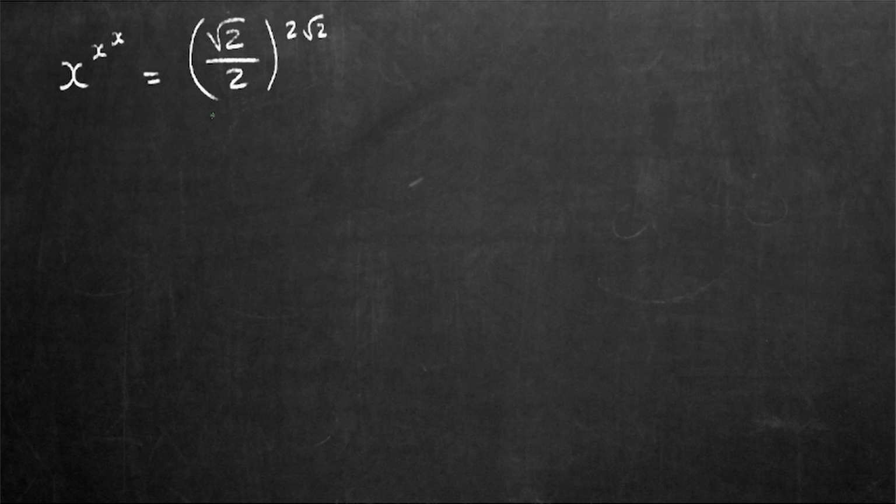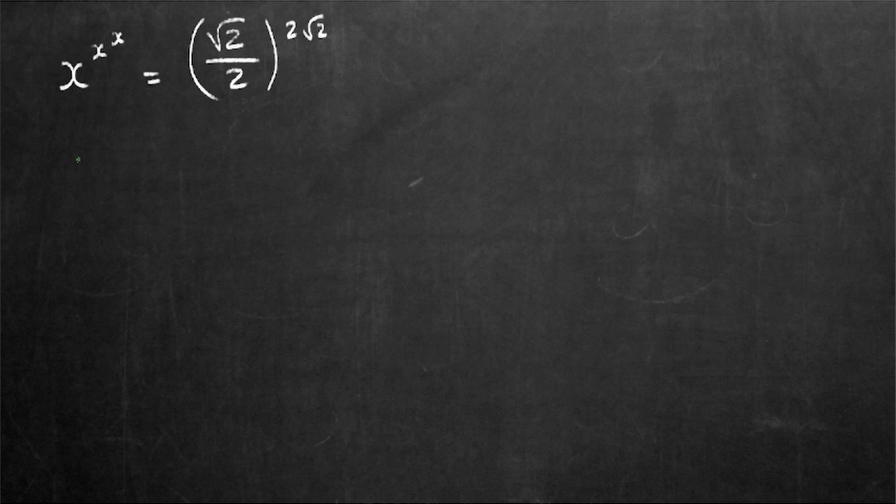So we want to turn the right-hand side into a number to the power of another number to the power of another number. Okay, so the first step is we're going to break this power here, this base exponent. We want there to be two pairs of bases and exponents. So let's have a look at this 2 root 2 here.